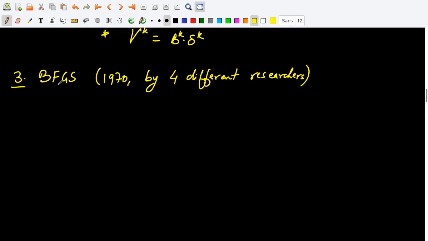So Fletcher is the only person whose name appears in both DFP as well as BFGS. The BFGS formula is actually very similar to DFP. Let me first write the formula.